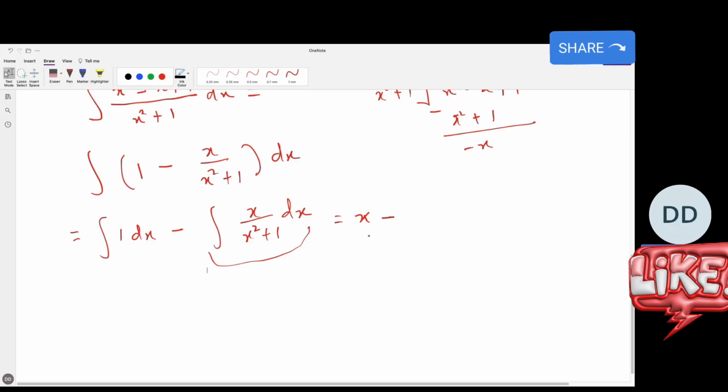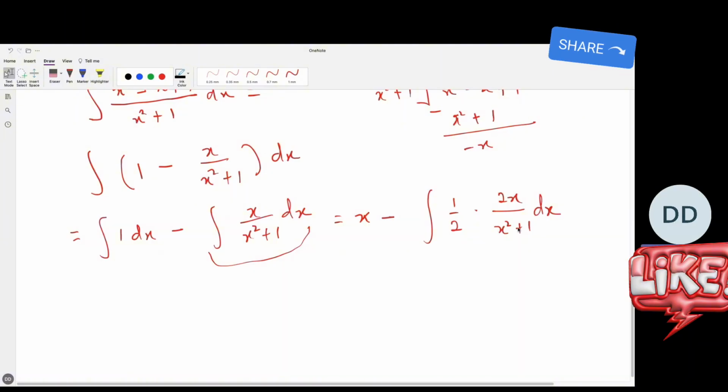What do you think? Just think about it. What is it? Exactly. Yes. So that means that I can rewrite this problem as 1 over 2 times 2x over x squared plus 1 dx. Do you know that?